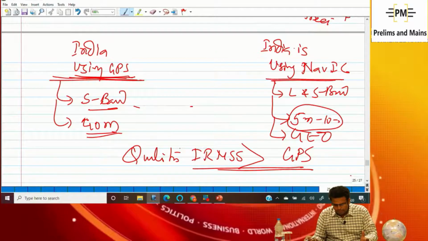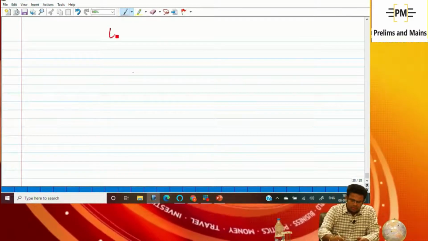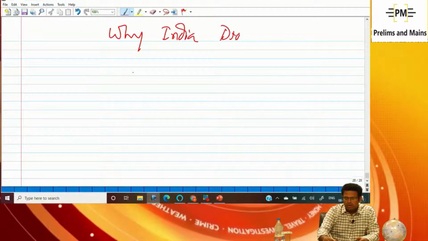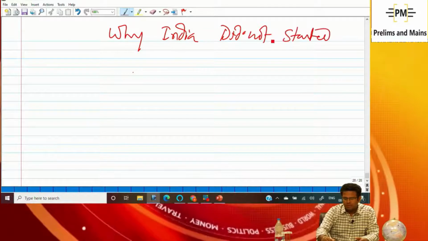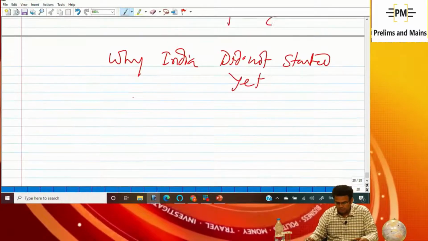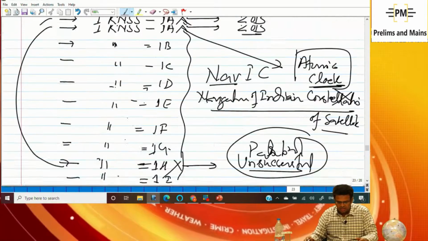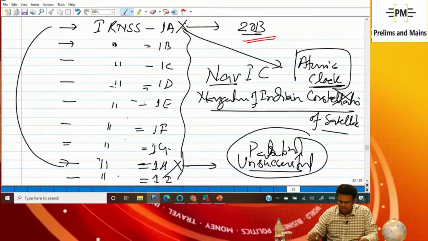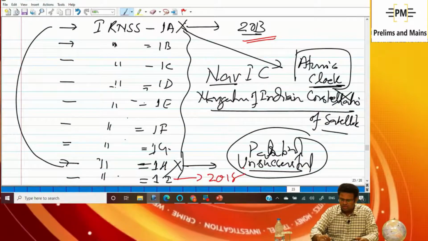Now, why did India not start earlier? Let me go back a little bit. India started sending IRNSS satellites in 2013, and the last one was sent in 2018, May.